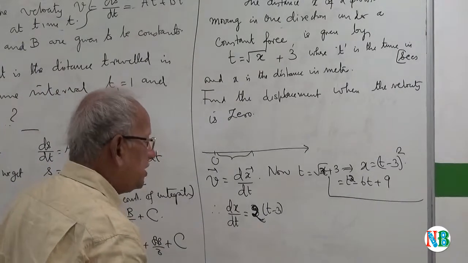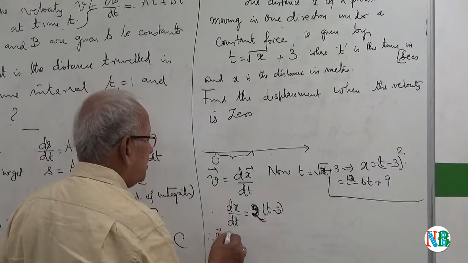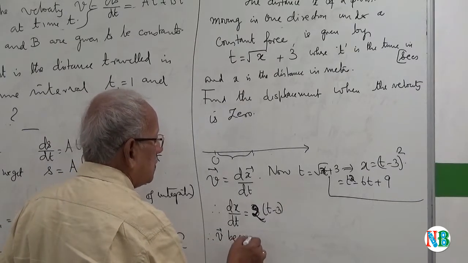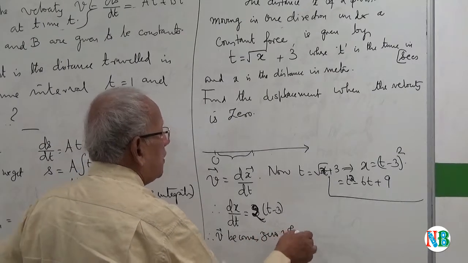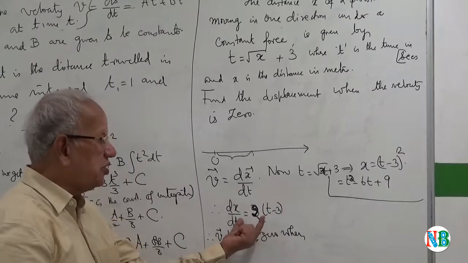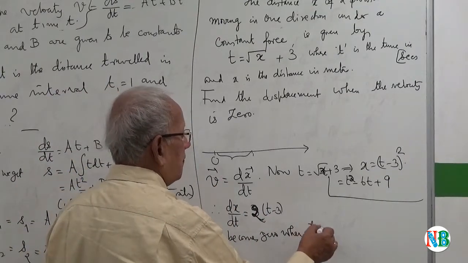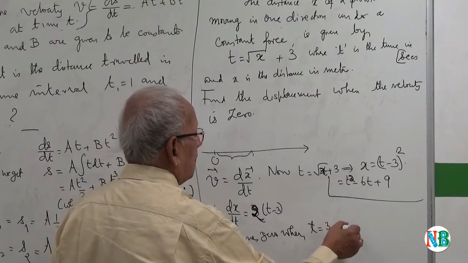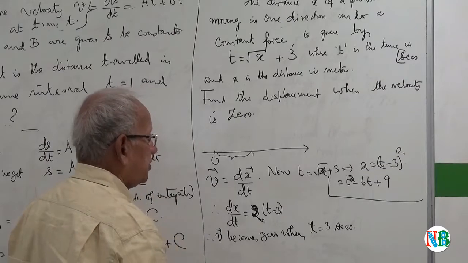And when does it become 0? So v becomes 0 when does this 2 times t minus 3 become 0? When t equals 3. And therefore the velocity becomes 0.